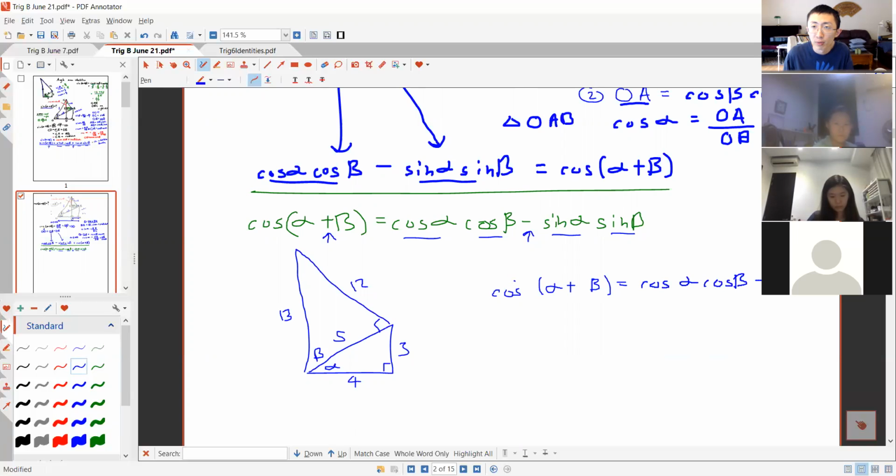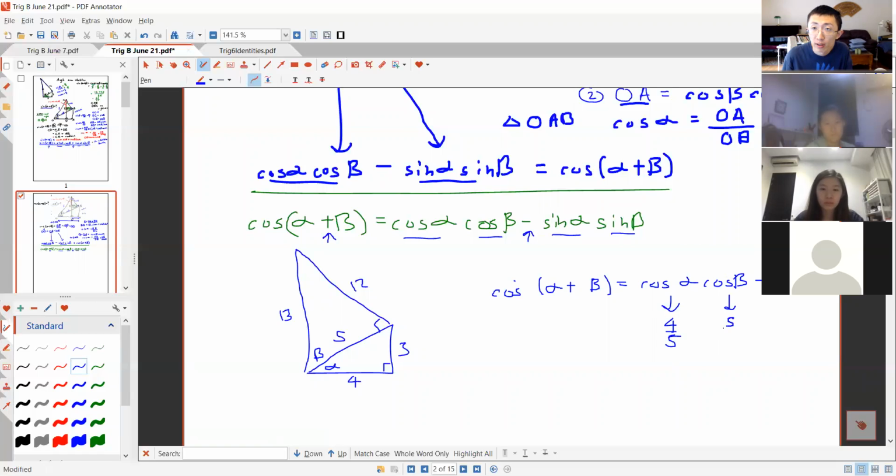So I'll just copy what I just wrote. So yeah, let's see. Cos alpha is 4/5 in the diagram.